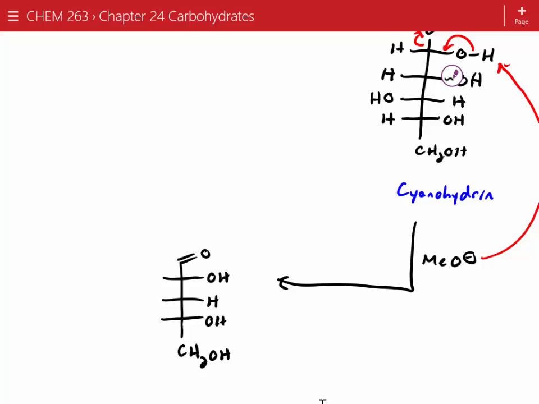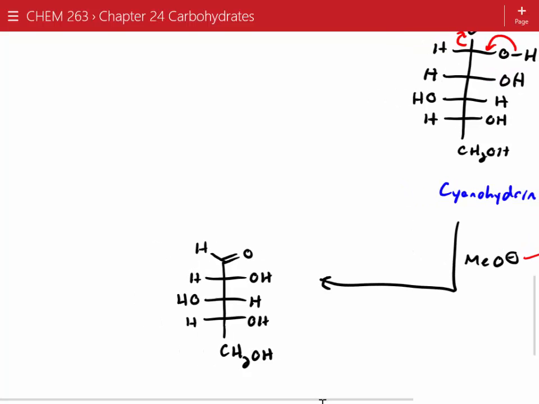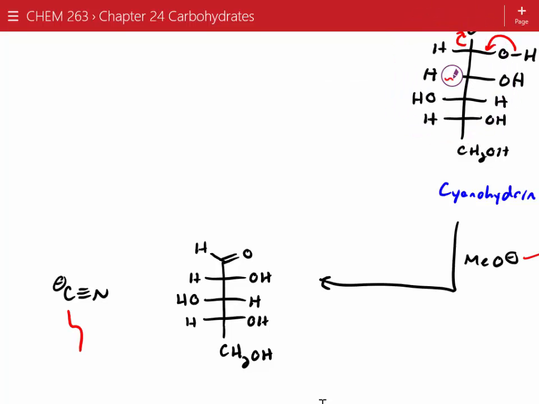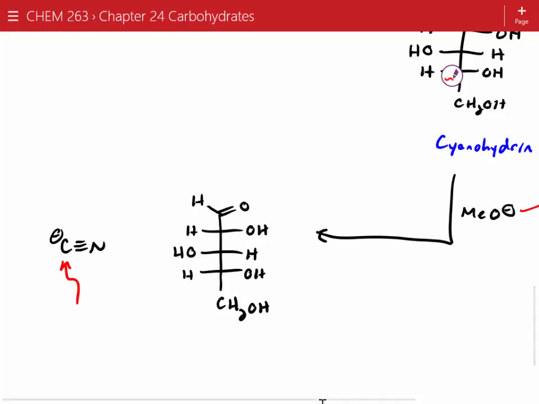And you end up forming an aldehyde along with a cyanide ion. So in this case, we lost a carbon.